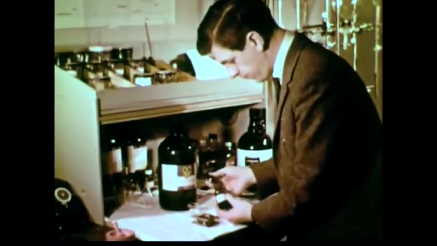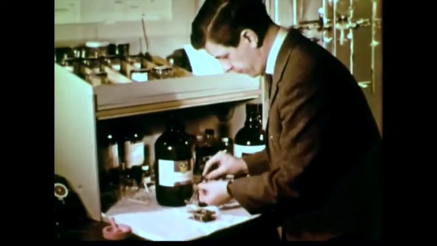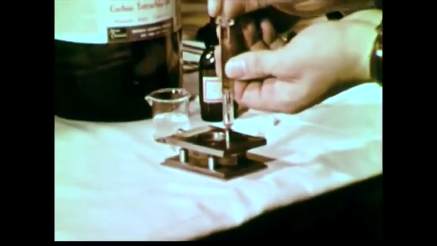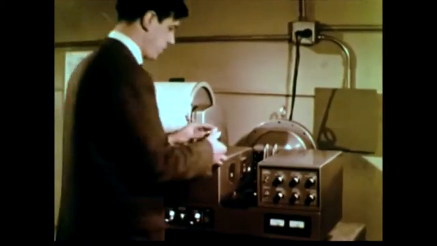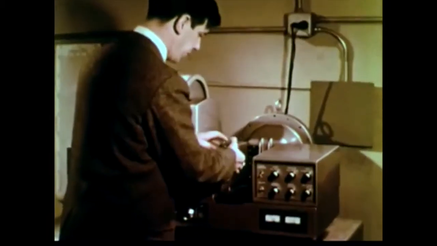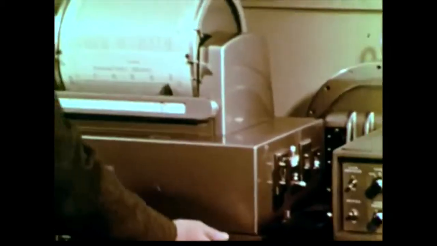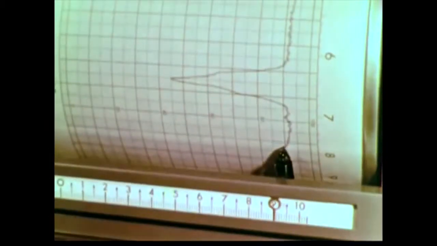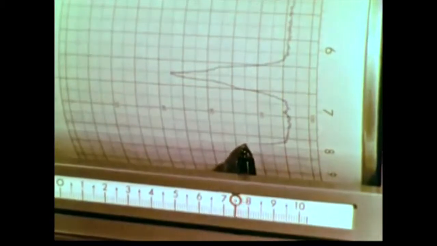If we contaminate a carbon tetrachloride sample with a small amount of chloroform, it's a simple matter to put some of the sample in a small cell and measure its infrared spectrum. The spectrum of the mixture will show not only the characteristic features of the predominant carbon tetrachloride, but also those of chloroform. The intensity of the latter is dependent on the extent of the contamination.